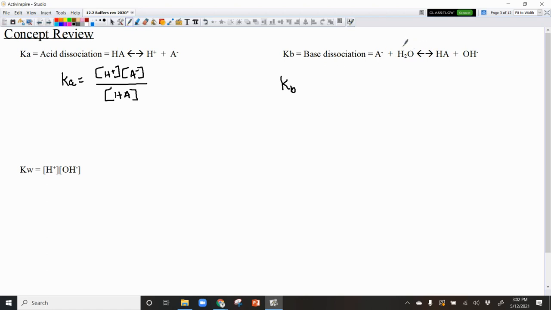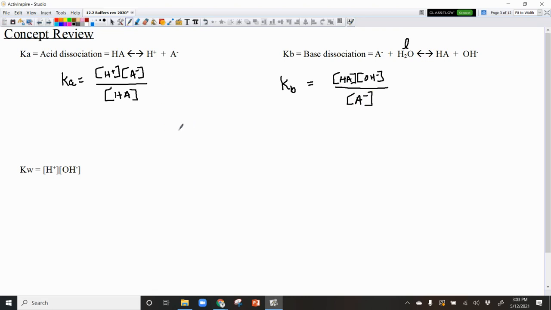But when we're writing the Kb for that, we don't include water because water is a liquid, and we don't include liquids or solids. So when we write the dissociation constant for a Kb, it's going to be the concentration of HA times the concentration of OH over the concentration of the anion here.